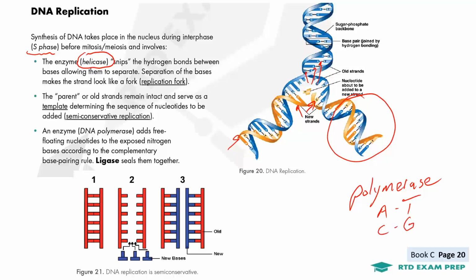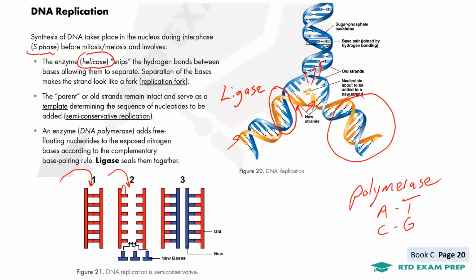The last enzyme, notice the hydrogen bonds have been reestablished. That is our glue, our ligase. So the ligase will reattach the hydrogen bonds. So in our bottom diagram, I see here, from number 1 to number 2, I see helicase has separated. Now our blue, so our templates are going to come up.